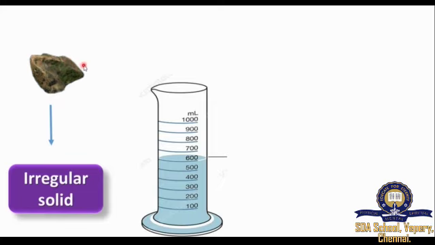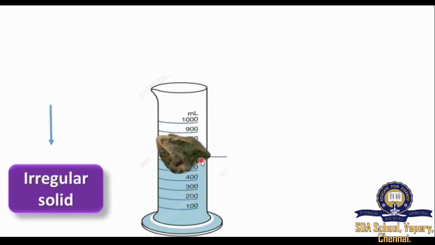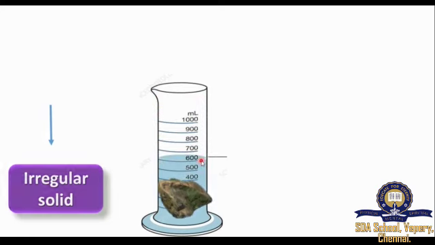How can we do that? I mentioned the water displacement method. Let us see what it is. I have filled this measuring cup with 600 milliliter of water. So the initial volume of water is 600 milliliter. Now I am going to drop this stone into this measuring cup.